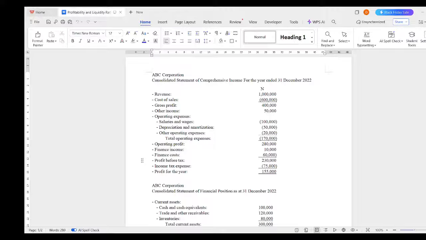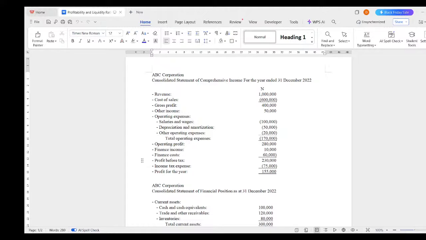Now, it's ABC Corporation Consolidated Statement of Comprehensive Income for the year ended 31st December 2022. Revenue 1 million. Cost of sales 600,000. Gross profit 400,000. Other income 50,000. Operating expenses, we have salaries and wages 100,000.